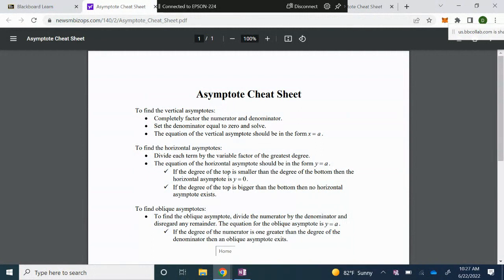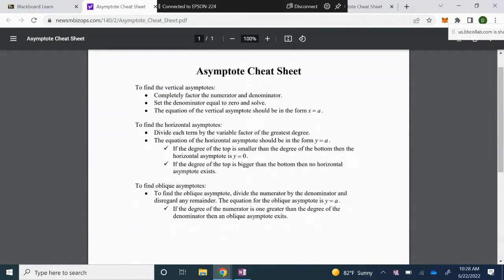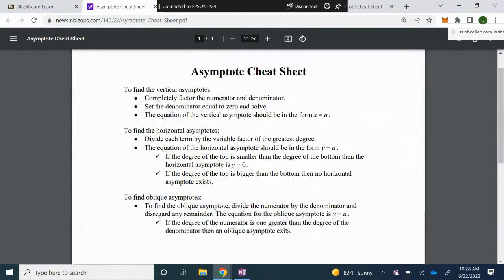Now the asymptote cheat sheet shows you how to find the different asymptotes. If we look at the very first set of items, we're asked to find the vertical asymptote.